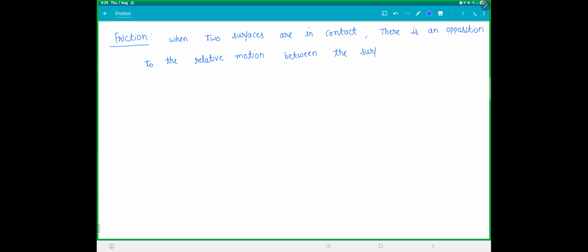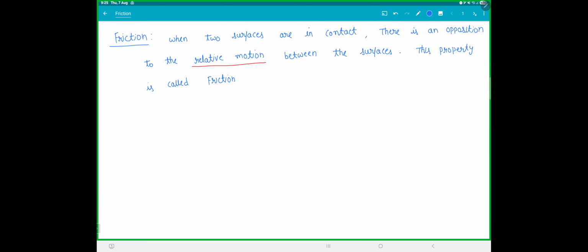This property is called friction. Now there are two important words in this: relative motion. Understand the meaning of this. Friction has no problem with motion. Getting it? Friction has no problem if you're moving. Friction has a problem when there is a relative motion.